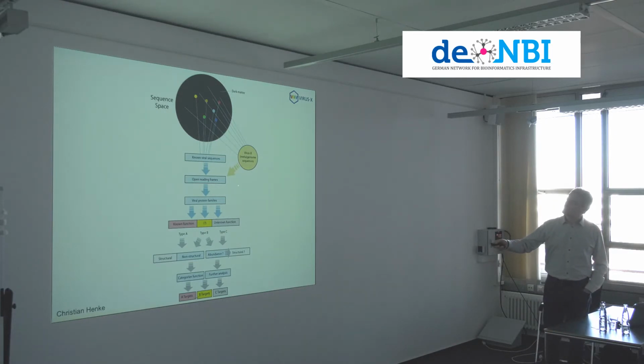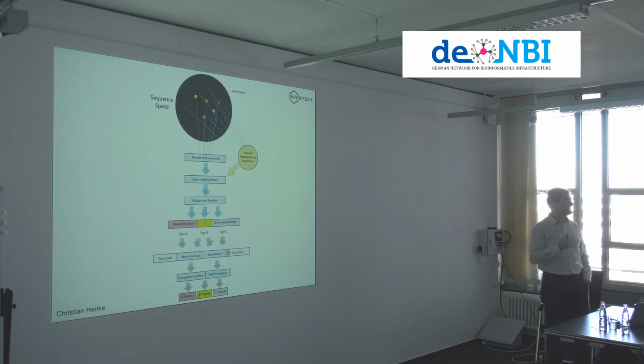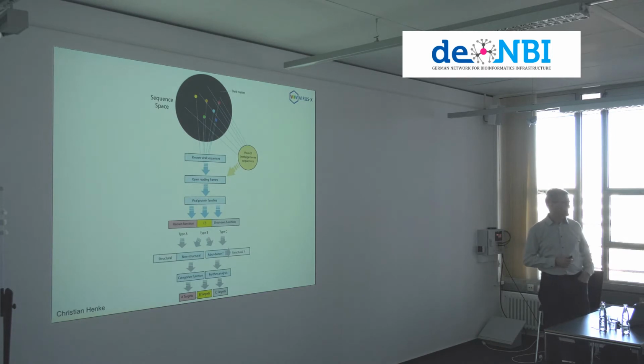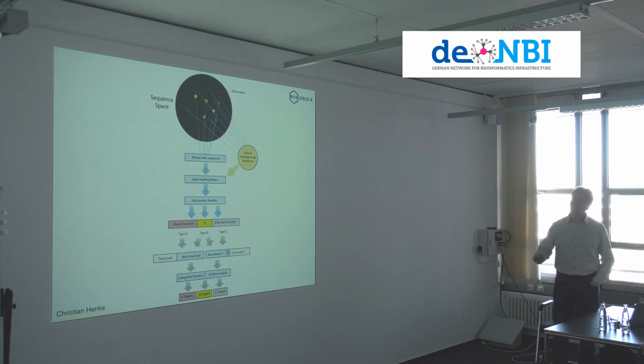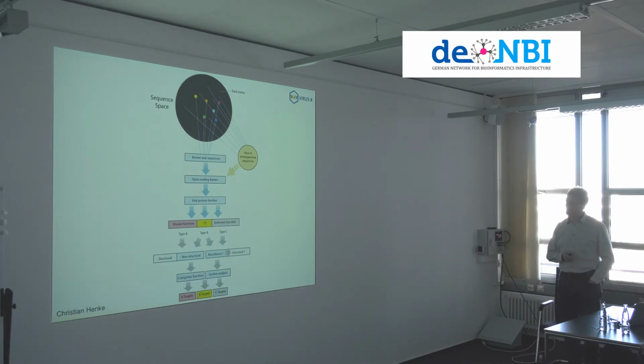So the idea is take the known viral sequences, take the data set from the project, but also take the sequence space which is available in public data sets. Assemble all data sets which are available and then integrate the data, right? So take the project databases, take the assembled data sets, and then run protein clustering tools to see if something clusters together and so on, just to get an idea of the function of these particular proteins.